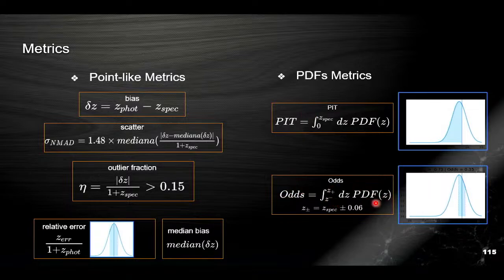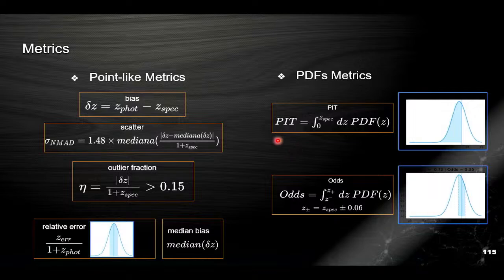In the odds you are measuring how much probability is around the true value, or, depending on your definition, how much is around the peak. If your PDF is very peaky or not, this will give you an idea of the individual quality of your measurements, which is something that's usually very, very useful for your problem.